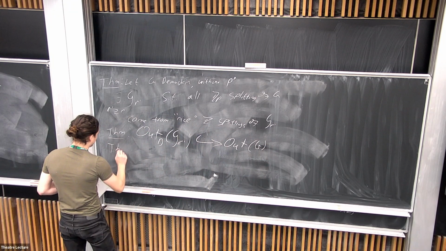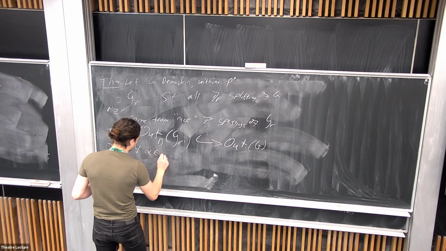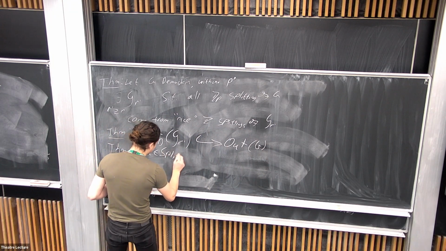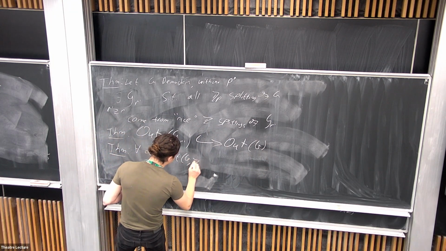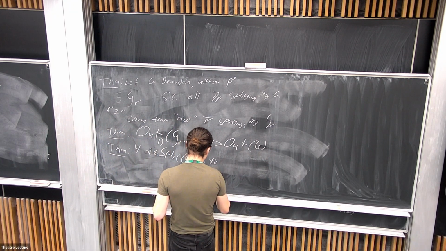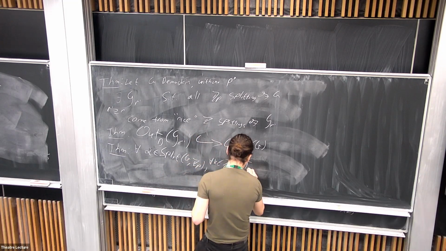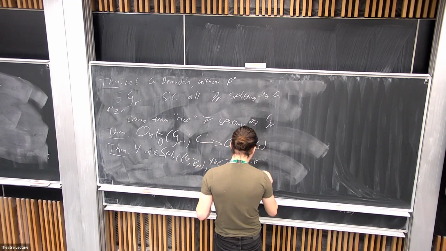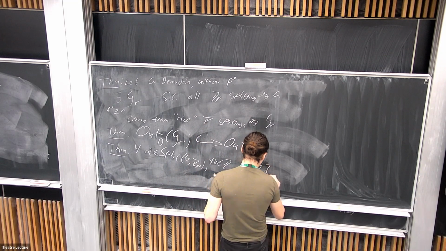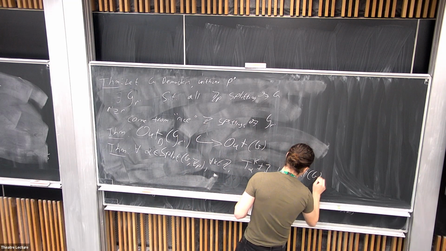And also for every alpha, so for every splitting of G over Z_P, and for every integer K, the Dehn twist alpha to the power of K is not trivial in the outer automorphisms.